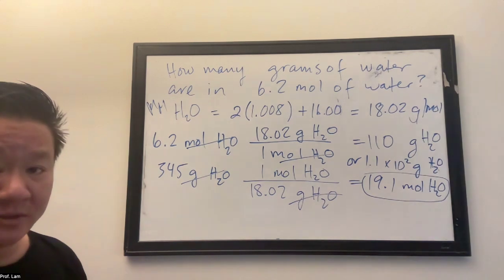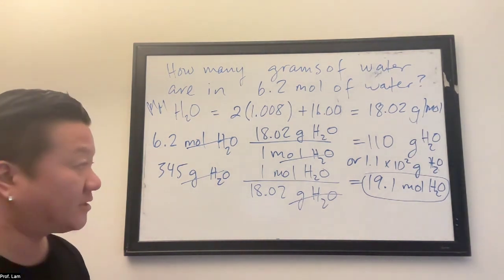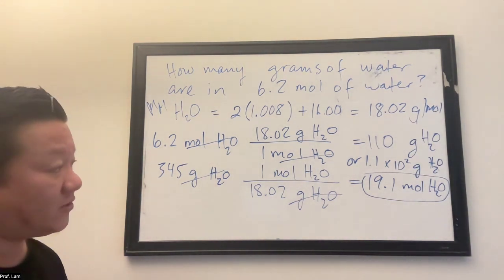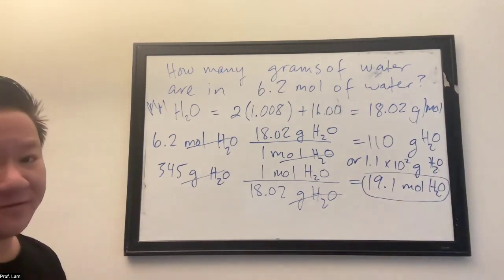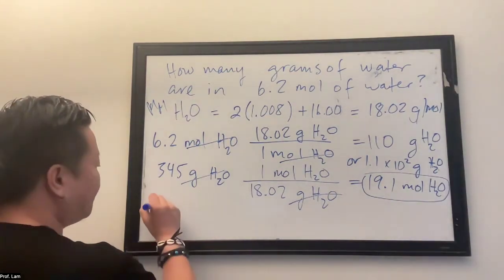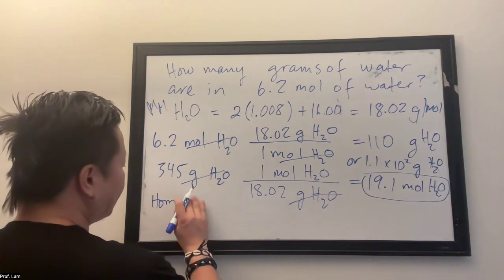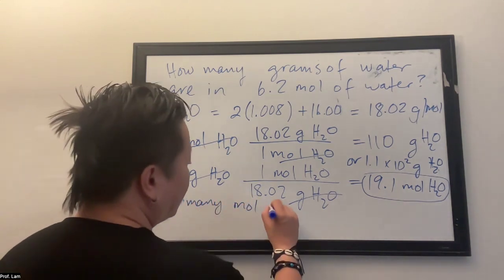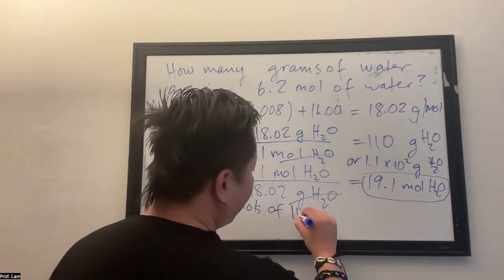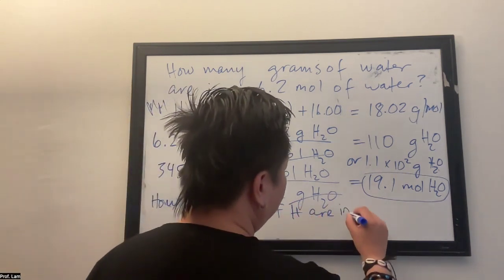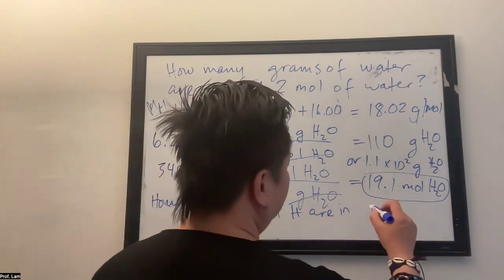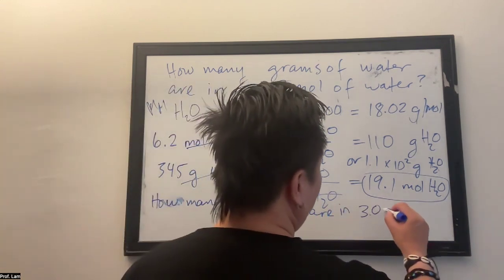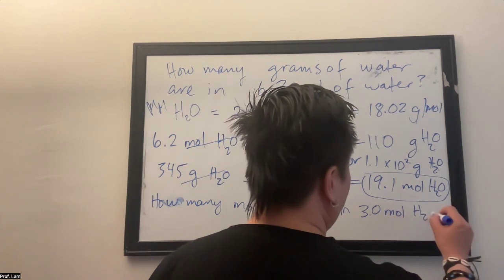Now, on to a new topic, another conversion that you can do from here. What if, let's say, a question asks you, how many moles of hydrogen are in 3.0 moles of water?